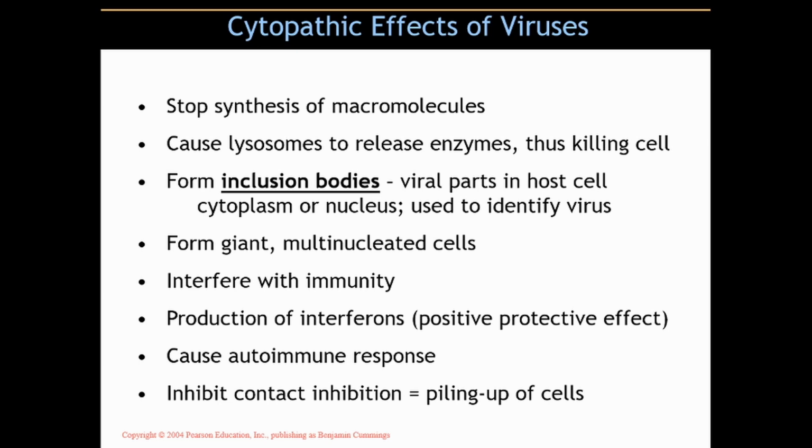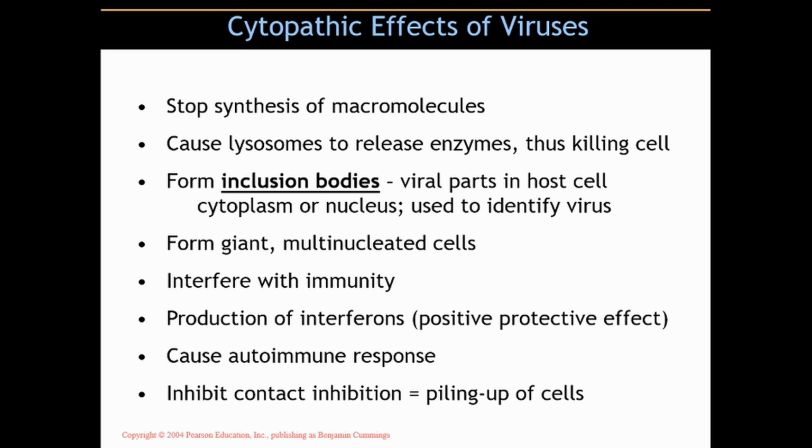They interfere with immunity. They cause the production of interferons, which is actually a positive, protective effect. Interferons are produced whenever a host cell is under attack by viruses, and they get released from the host cell and signal to neighboring cells that viruses are coming, so prepare for the attack.